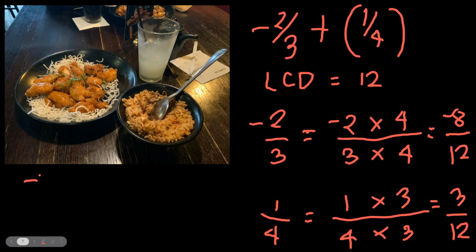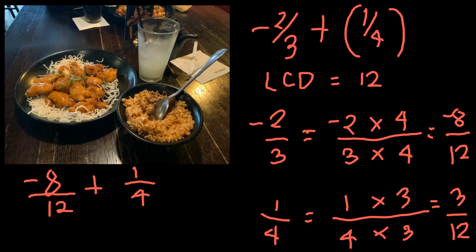So we can now add them. We have now negative 8 over 12 plus, sorry, my bad, plus 3 over 12. We already changed one fourth to 3 over 12.